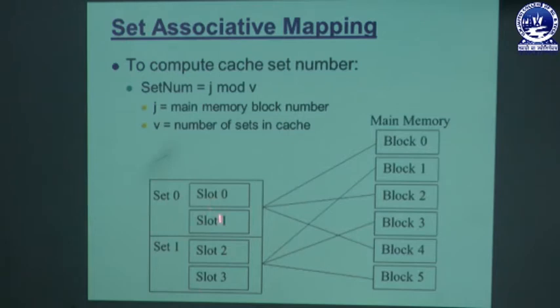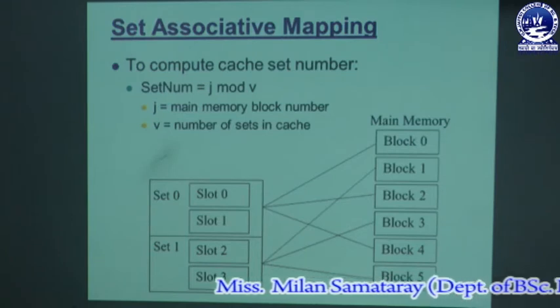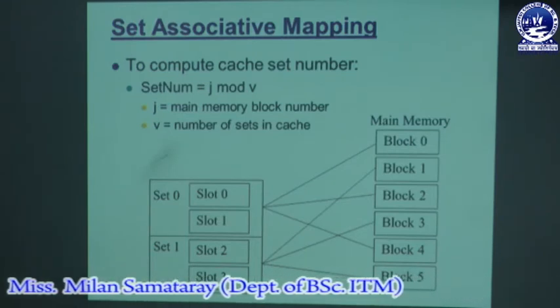If you implement this using direct mapping, then block 0 will be in line 0, block 1 will be in line 1. But here you can place block 0 either in line 0 or in line 1, because it has to be mapped into a specific set, not a specific line. So this is the difference between set associative and direct mapping.